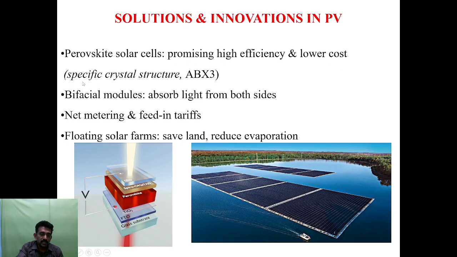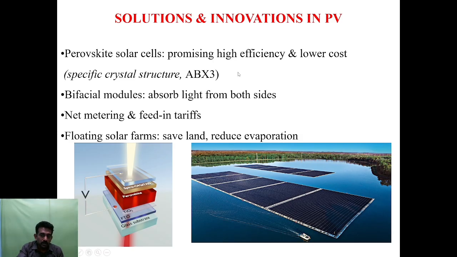Perovskite is a specific crystal structure that we cannot see, represented by ABX3, where A and B are cations and X is an anion. It has titanium oxide and glass substrates and comes in different types. It can transmit energy with higher efficiency at low cost. So both economically and technically, perovskite solar cells are replacing the normal silicon solar cells.